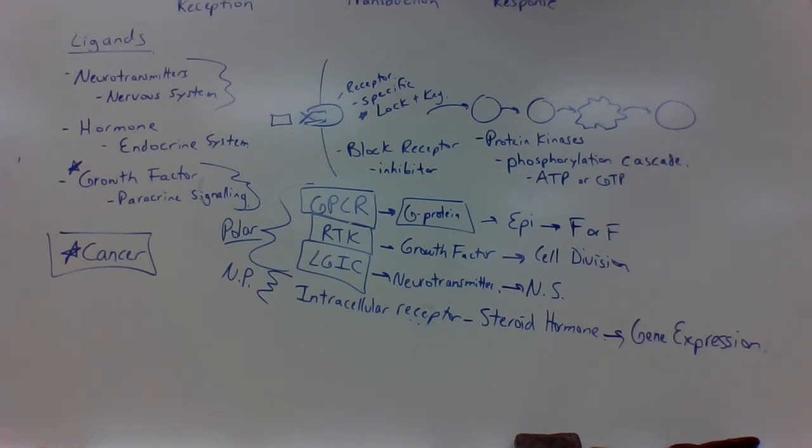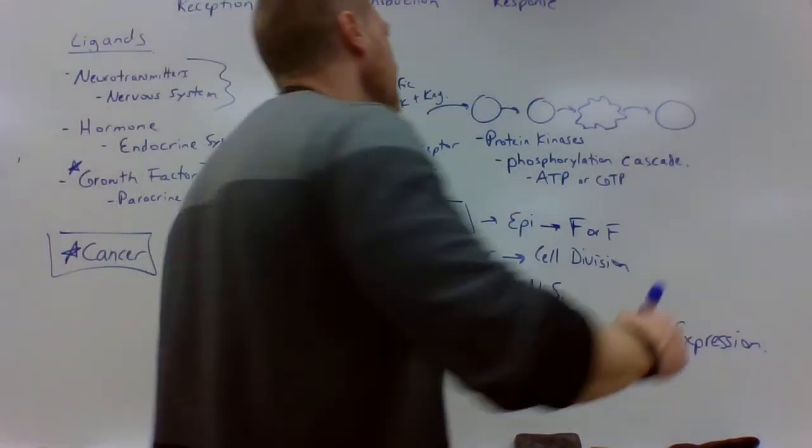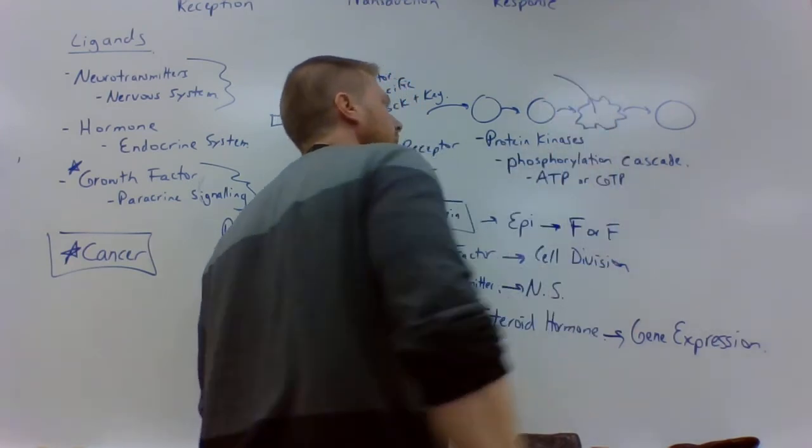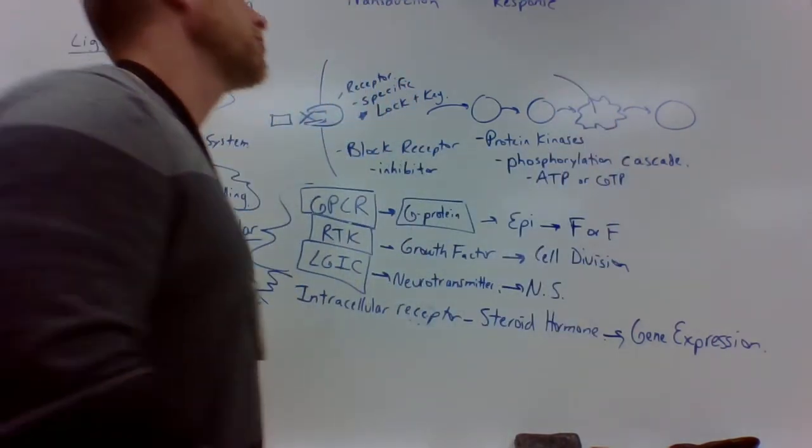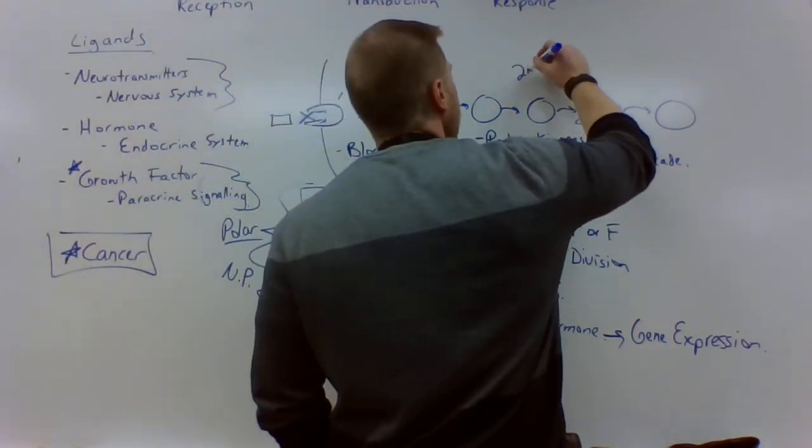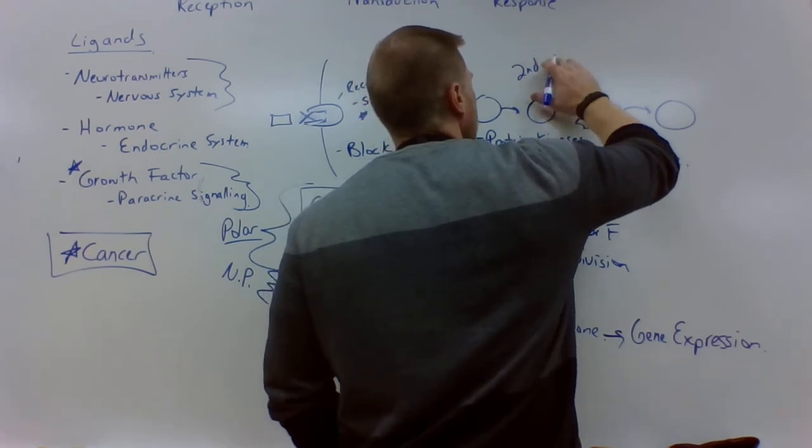Now, sometimes you have a molecule that is passing the message which is not a protein. Anything that's going to relay the message that is not a protein is called a second messenger.